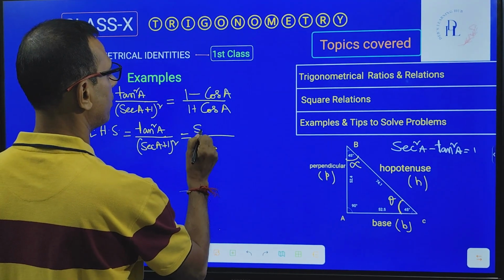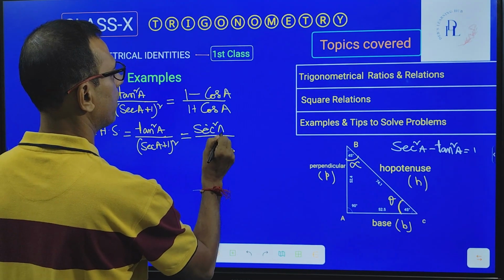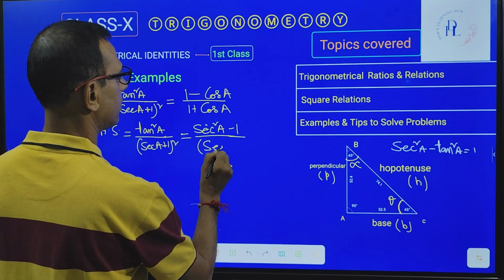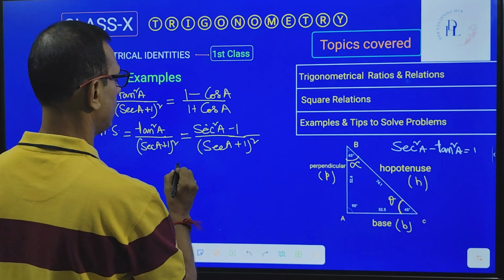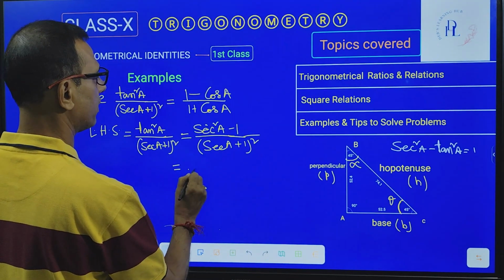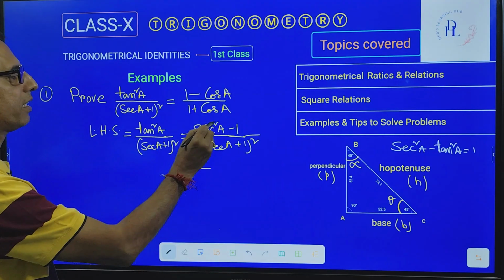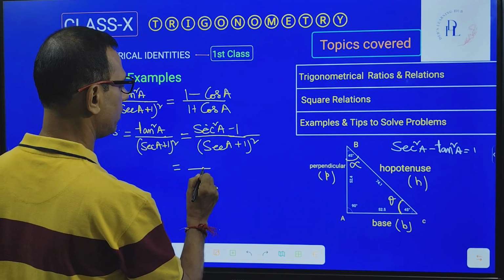In place of tan square A you can write sec square A minus 1 by (sec A plus 1) whole square. Now sec square A minus 1 is a square minus b square, so you can write it as (sec A plus 1) into (sec A minus 1).